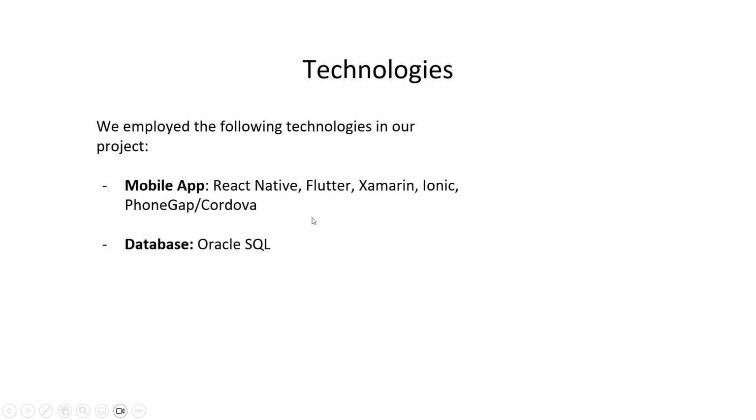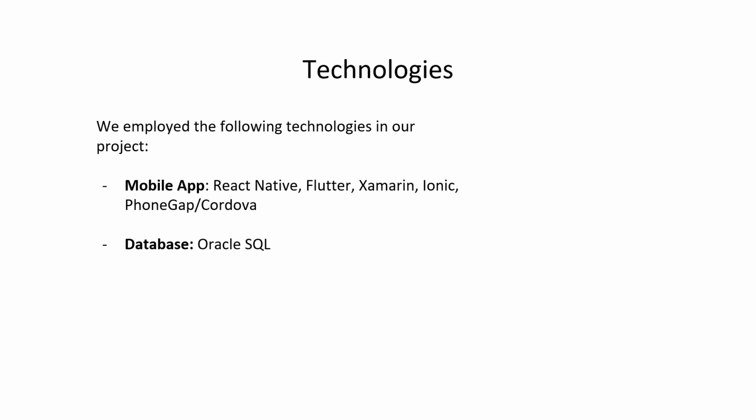Alright, this is the list of technologies we're using for our project. First of all, we have React Native. We chose React Native mostly for its ability to develop cross-platform mobile applications with a single code base. We're also planning on using Flutter because it is well known for its user interfaces. Basically, that's the main idea.